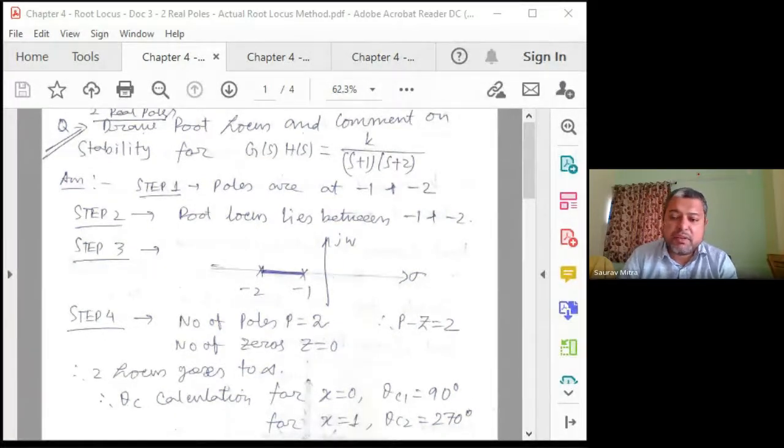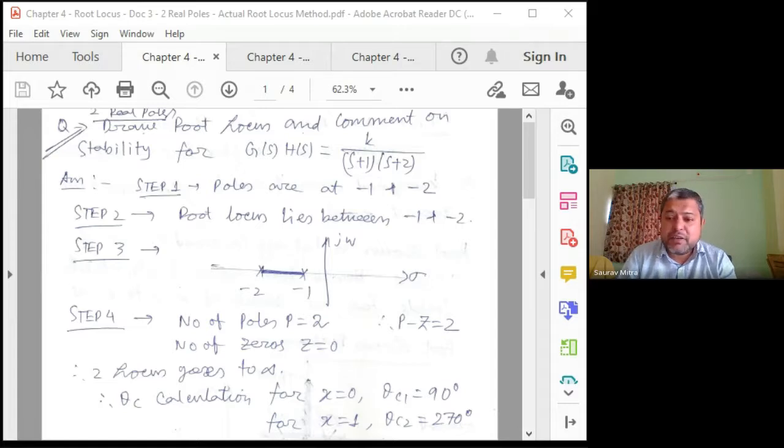We increase the value of k. At k equal to 4, that is gain equal to 4, both the poles were hitting each other at -2. That point was called the breakaway point. At this point, the value of zeta was equal to 1, and this is the point where we get the critically damped response. So the breakaway point is a point where both poles are real, and this is the value of k where we get damping as critical.